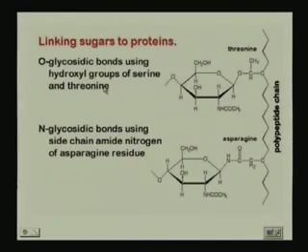If we have the linking of the sugar to the proteins, this is the polypeptide chain where we have a threonine. This is the CH3 of the threonine, this is the OH. This OH has linked with a saccharide unit. This is an N-acetyl glucosamine. And what has it formed?